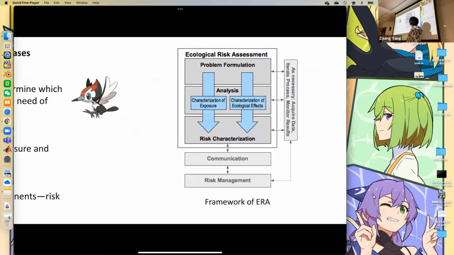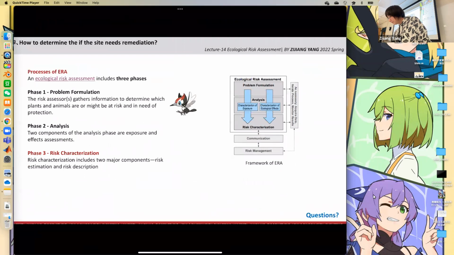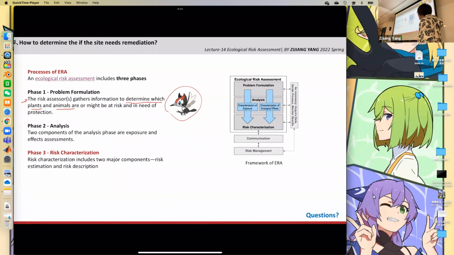The first phase is problem formulation. In this phase, the risk assessors gather information to determine which plants or animals are or might be at risk and in need of protection. For example, we may be interested in the woodcock, the bird.